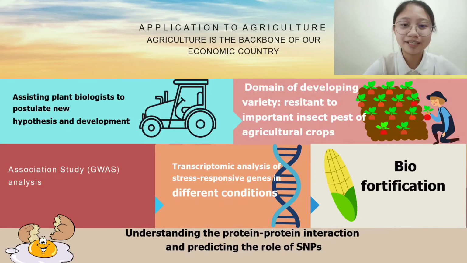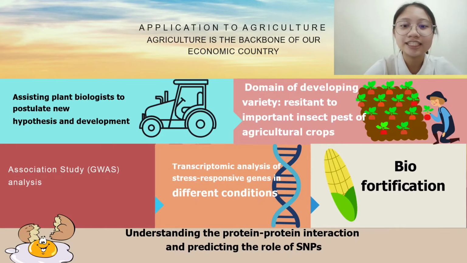Look at the application to agriculture. Agriculture is the backbone of our country's economy. Firstly, the use of bioinformatics assists plant biologists to postulate new hypotheses and developments. Secondly, it is used in developing varieties of plants that have high resistance to insect pests to make sure of the output of agricultural crops. Then, it is applied in genome-wide association studies (GWAS) analysis.